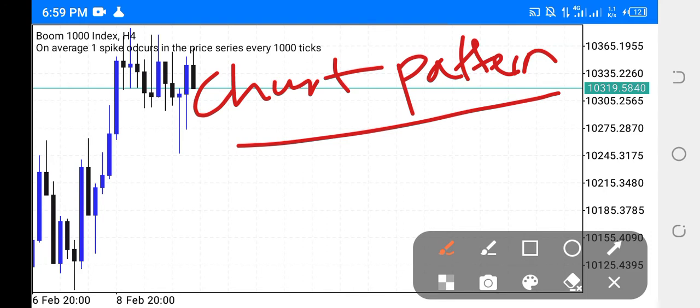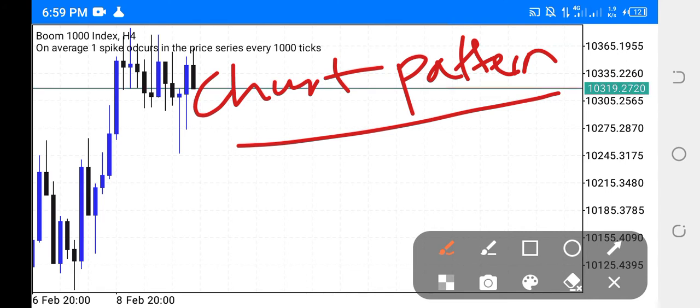Maybe you have not heard of this chart pattern before, or it's new to you, but it's a very simple concept that I want us to follow and understand, because chart patterns are one of the things that I trade.